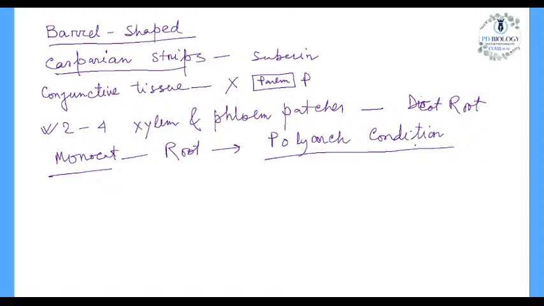So dicot stem: the ring arrangement of vascular bundles is the characteristic of dicot stem. The vascular bundles are always arranged in a ring.